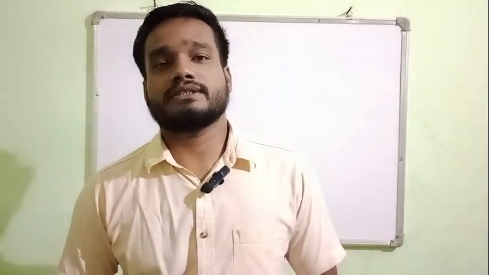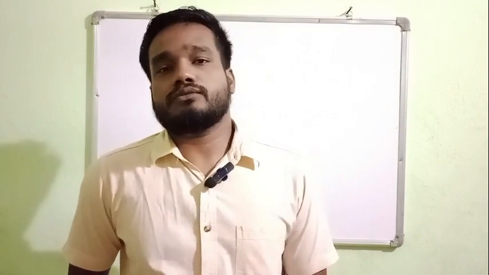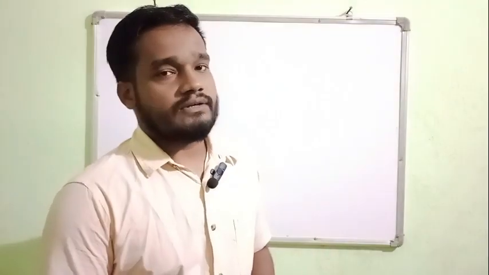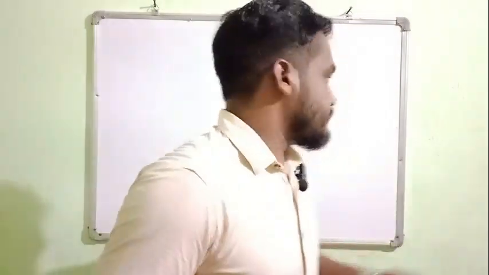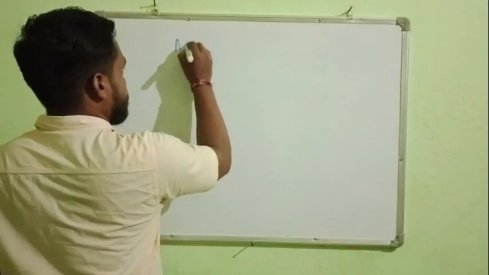So I am here with a new topic, that is minimization of DFA. We had already studied the construction of DFA and how to construct the transition table from the DFA. So in today's class, we will learn how to minimize a DFA.